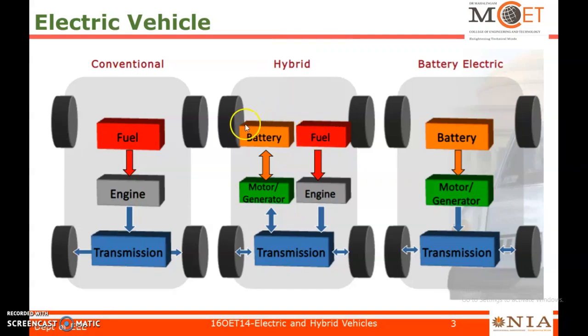On the other hand, all the time we cannot depend upon electricity either. So whenever there is a shortage of fossil fuel, we can depend upon the electricity. Similarly, whenever there is a shortage of electricity, we can depend upon the fossil fuel as a resource for this hybrid electric vehicle drive system.